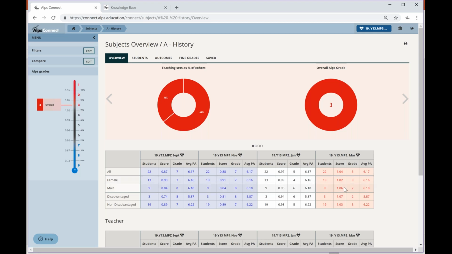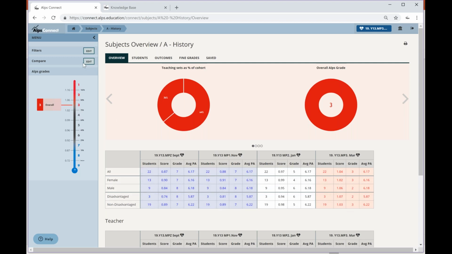Okay, so I'm probably going to be quite satisfied that within history, female and male students are making the same amount of progress. Similarly with disadvantage, there's very little gap between those.